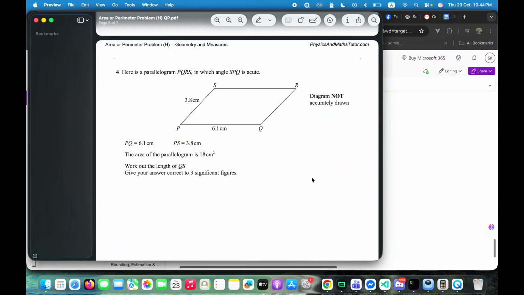We have to find the value of QS. How can we find the value of QS? We can find it using the cosine rule.